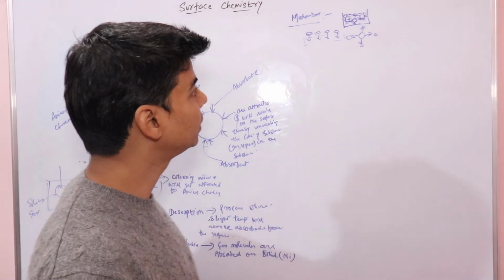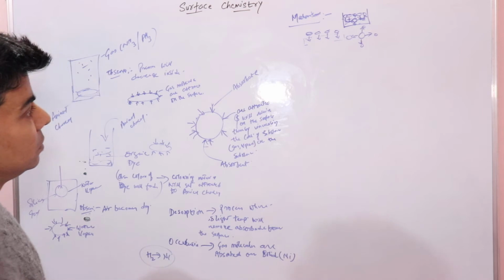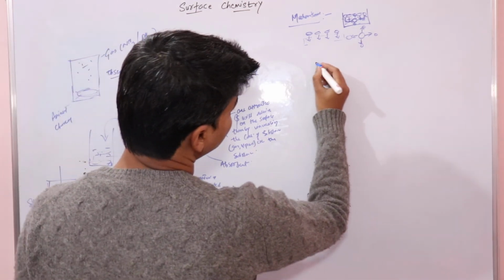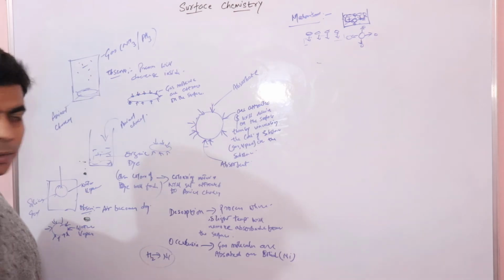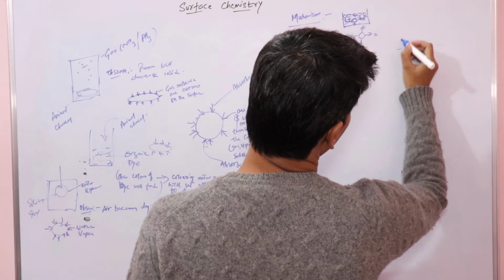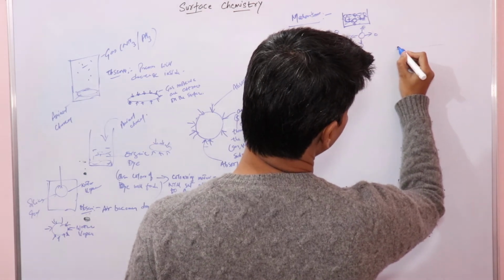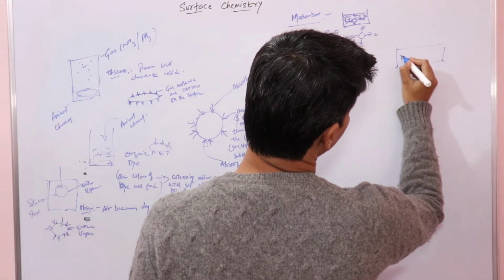Same is the situation with solids. If we talk about solids, let's take the example of occlusion of hydrogen. Say this is nickel metal.